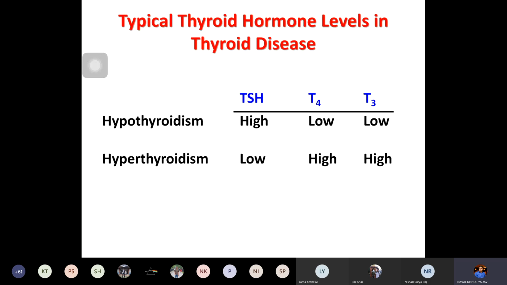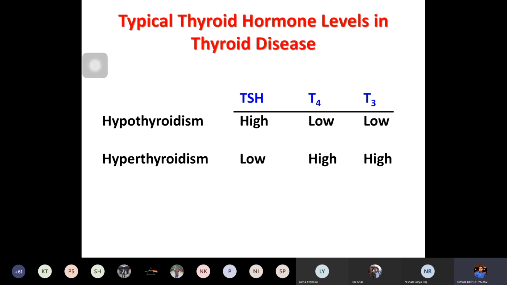So you can say if the thyroid gland is hyperactive, it will produce more T3 and T4, and at that time by feedback regulation, the level of TSH will be low. Okay, but in the case of hypothyroidism, there are defects in the thyroid gland or damage to the thyroid gland, so it will not be able to produce T3 and T4.